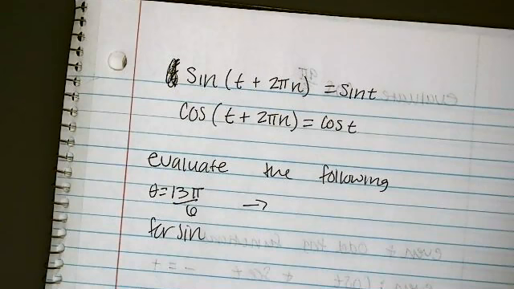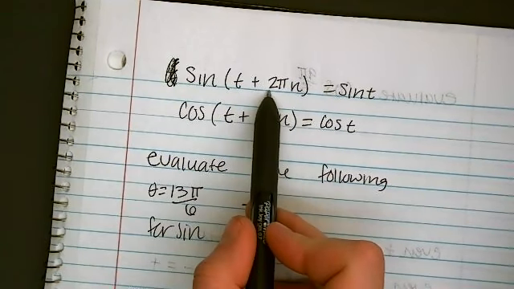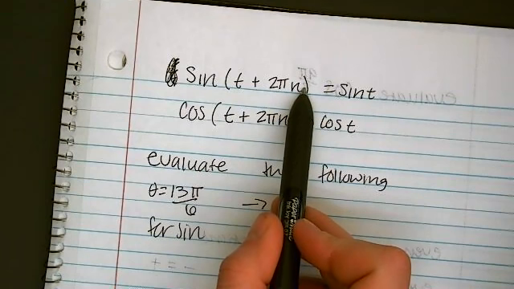So the unit circle is a full 2 pi, right? So we are saying, how many times do I fully go around the unit circle? Do I go around once, twice, 3 times, 4 times? No matter what, I can take all of those full revolutions out.